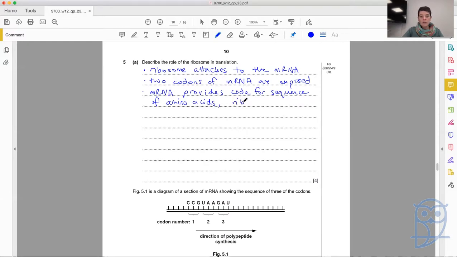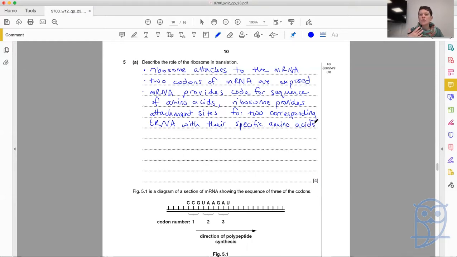The ribosome provides attachment sites for 2 corresponding tRNA with their specific amino acids. So we've been asked to describe here.